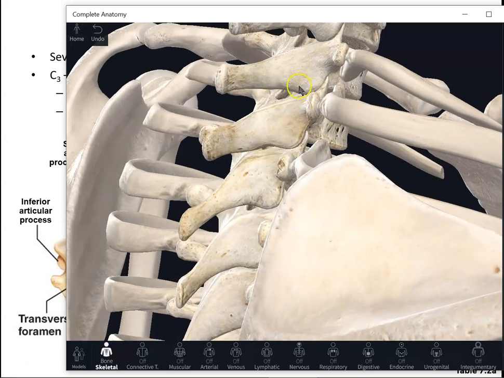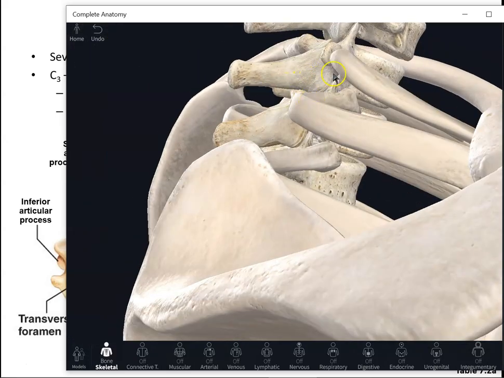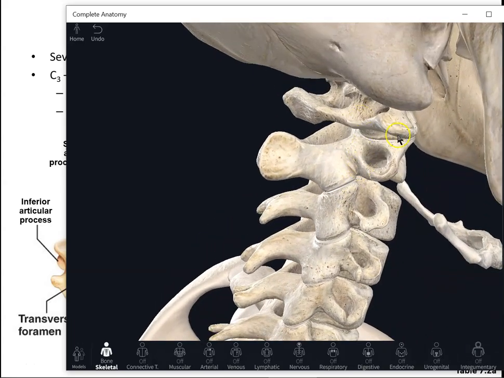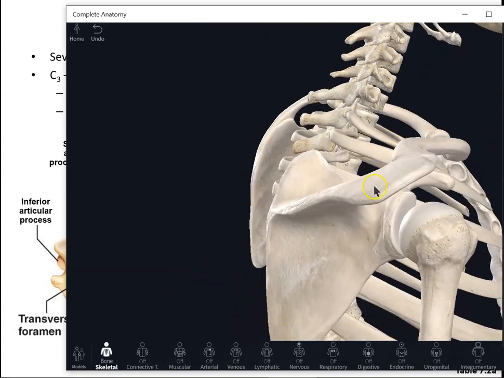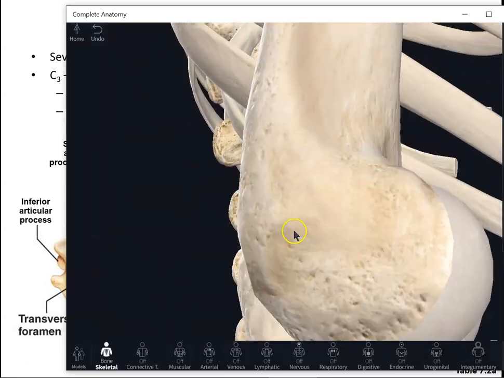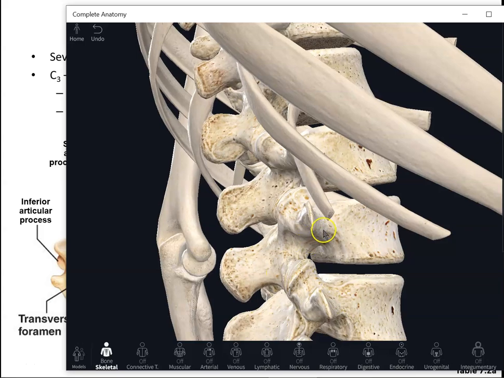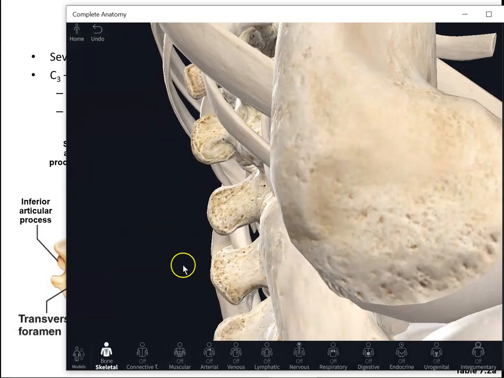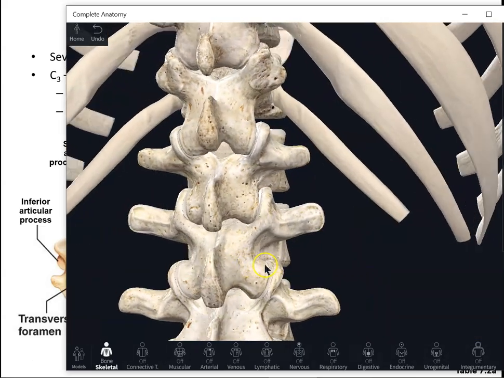This is where the articular facet's going to be for a thoracic vertebra, and it's going to be almost vertical, so almost perpendicular to this. And then when we get down to the lumbar vertebrae, it changes again. It's vertical, but now it's rotated almost 90 degrees. So instead of seeing it from this angle, you have to see it from this angle.